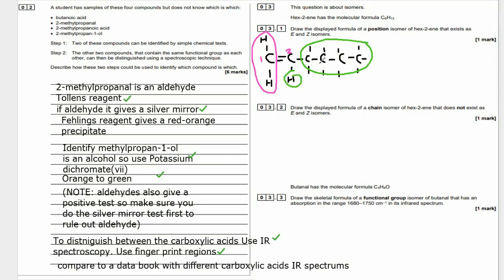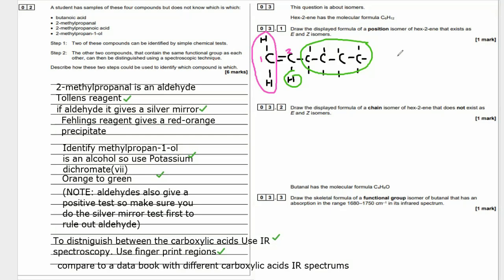But unfortunately, it can't do EZ isomerism because on carbon 1 here, we have the same identical group. So you can only do EZ isomerism when the groups attached to each carbon are different. And we're talking about the carbons on the double bond. Each one has different groups attached.